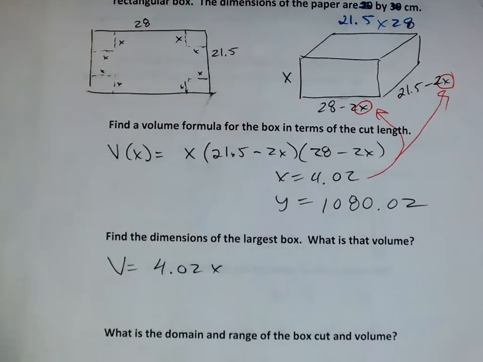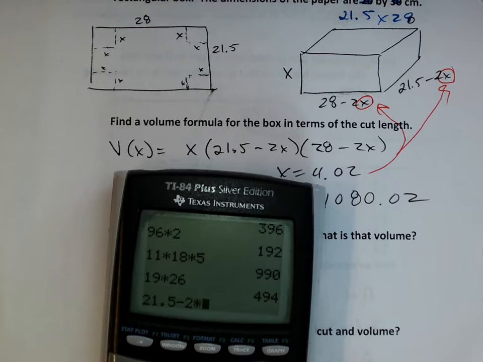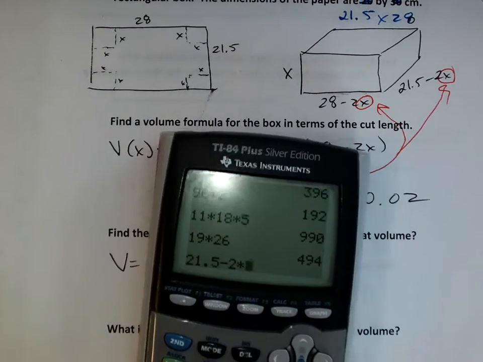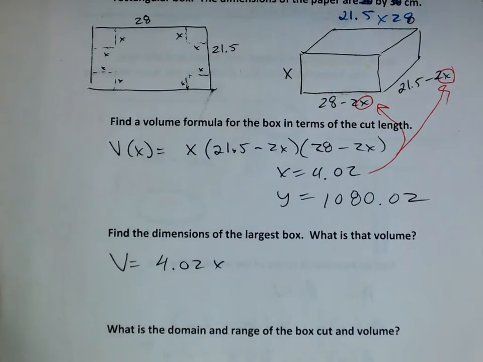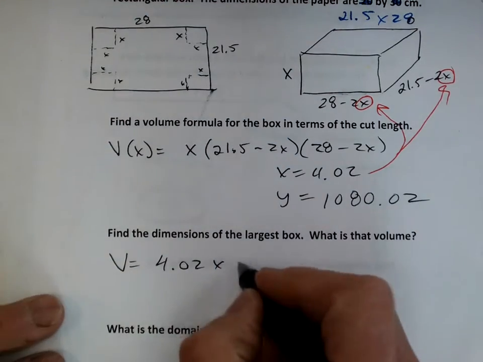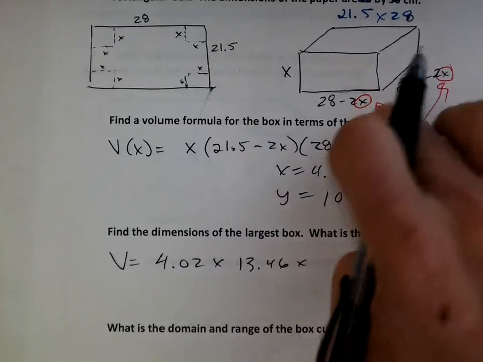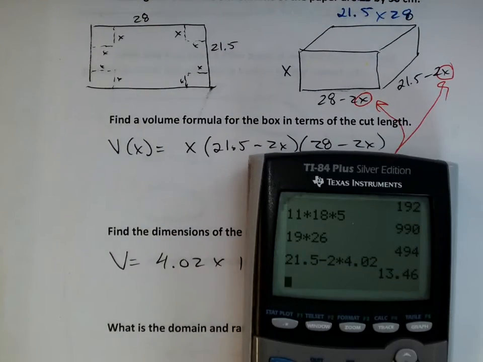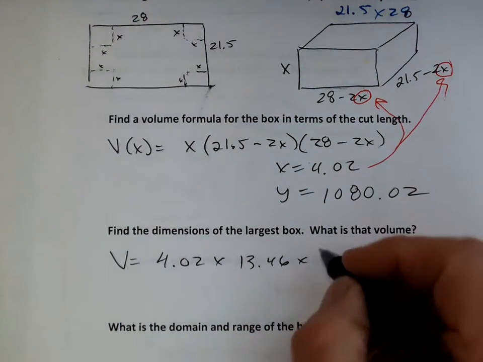So I'll go 21.5 minus 2 times my 4.02, and I get my width, 13.46. And to get the length, I'll go 28 minus 2 times my 4.02, and I get an answer of about 19.96.